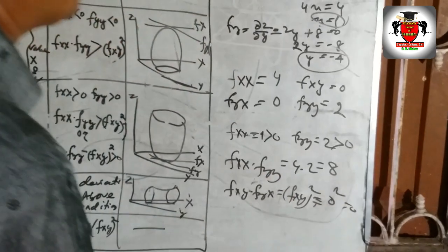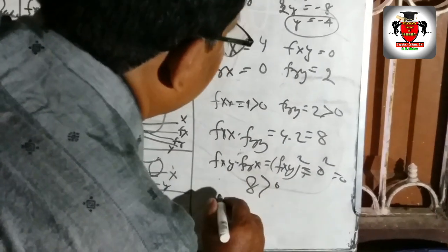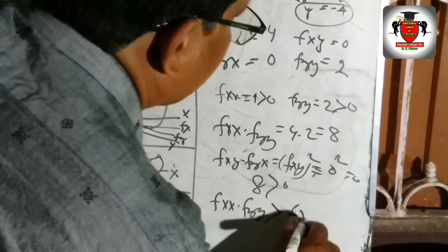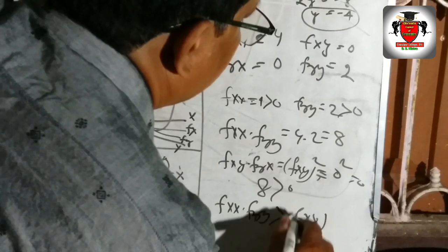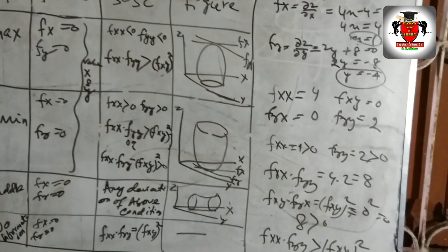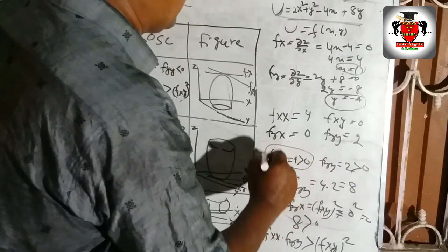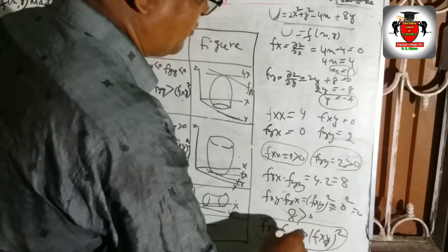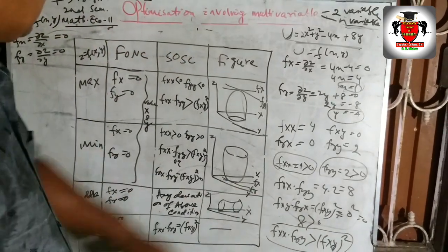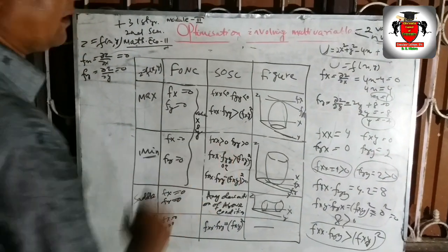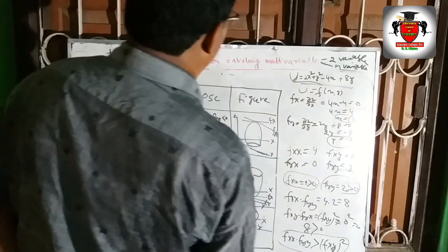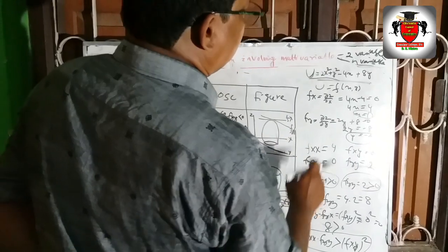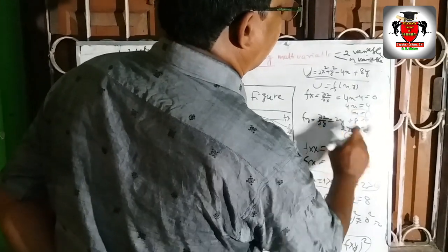So 8 is greater than 0, that means fxx times fyy is greater than fxy squared. So the conditions fxx greater than 0, fyy greater than 0, and fxx times fyy greater than fxy squared are satisfied. That means the minimum condition is satisfied here, so the given function is minimum. We can conclude that the given function is minimum at x equals 1 and y equals minus 4.